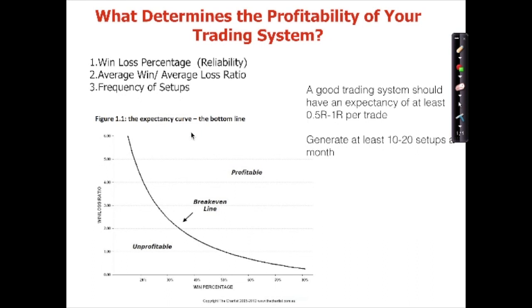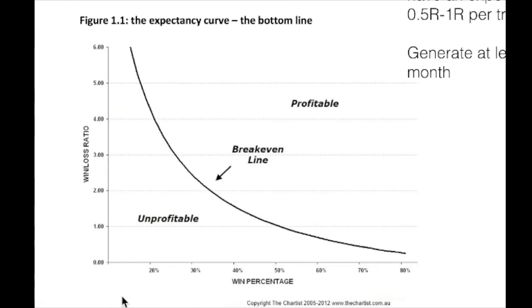And he has created this chart to show you that, for example, if you have a trading system with a win rate of 60%, and if you get a win-loss ratio of 1:2, you are very profitable.